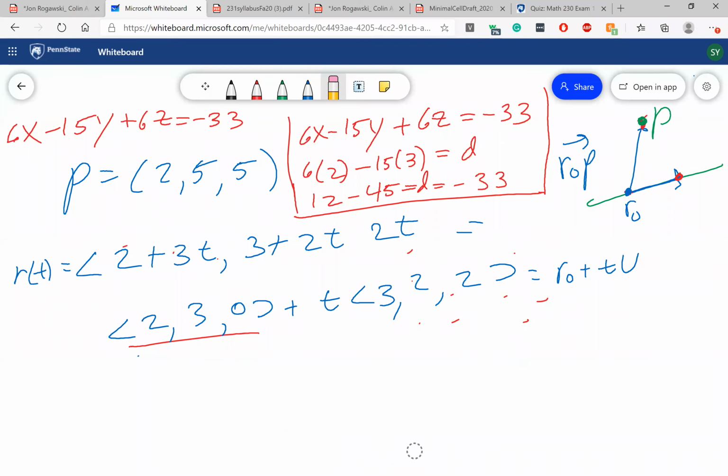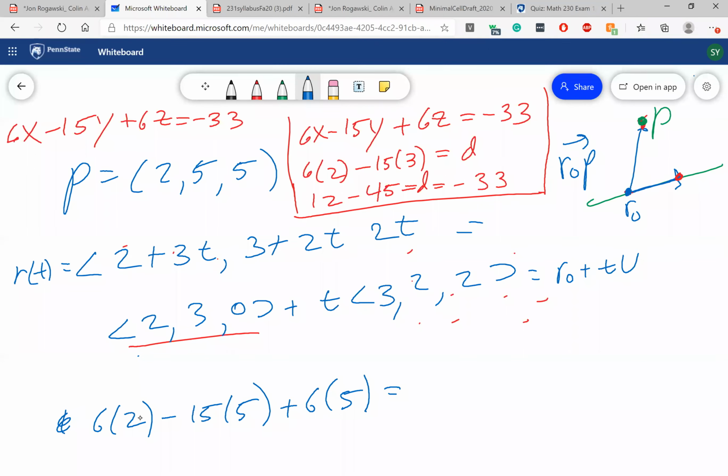Now let's see if our point P is in this plane. So this is going to be 6 times 2 minus 15 times 5 plus 6 times 5. Just use a calculator quickly.